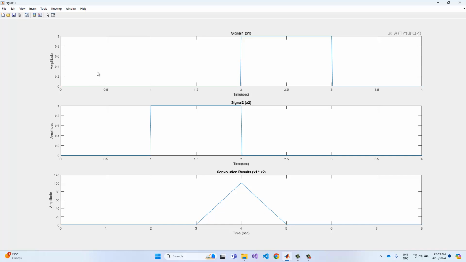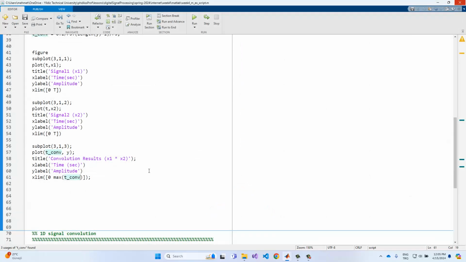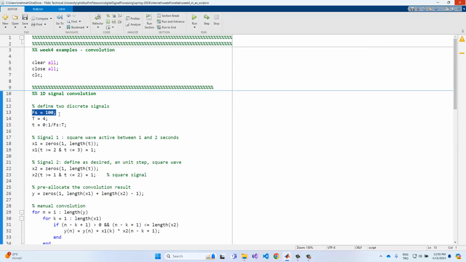But just remember that this signal is 1 and the other signal is up to 1, but our convolutional result is 100. What's the meaning of this? It means that the fs in here is 100, which means that at each iteration we multiply, and the integral values create up to 100 values for this algorithm.